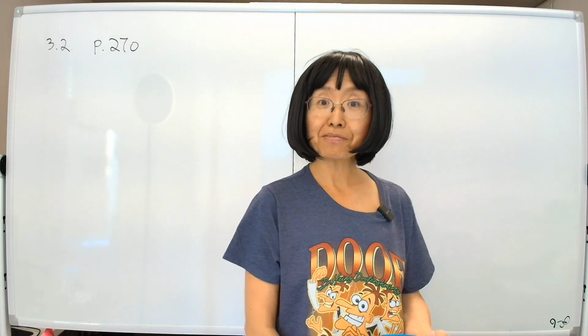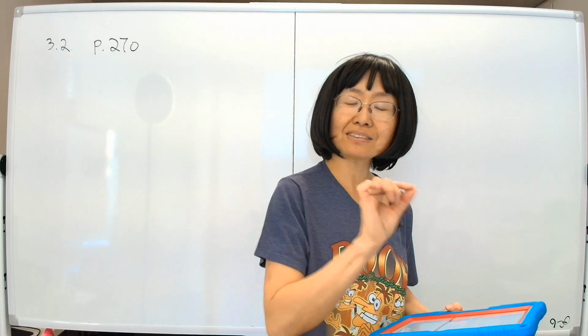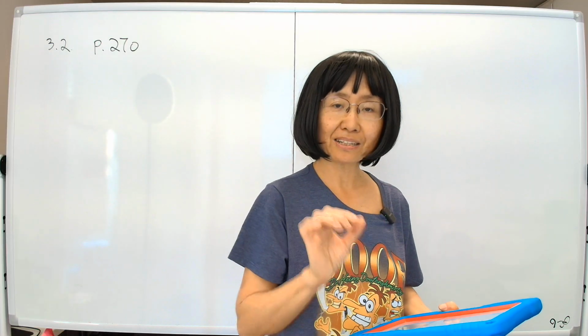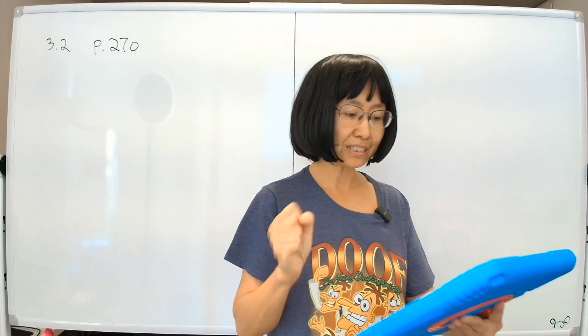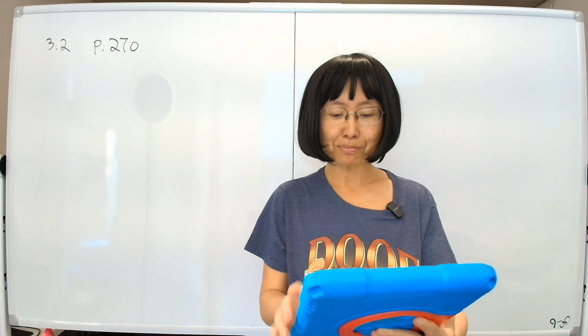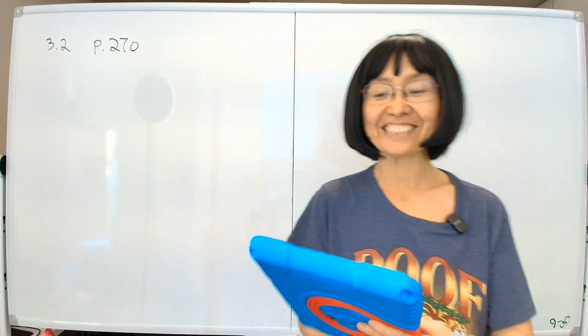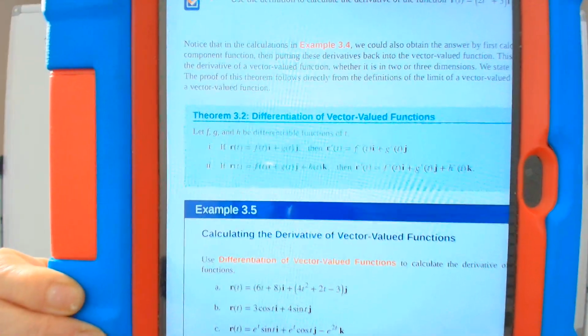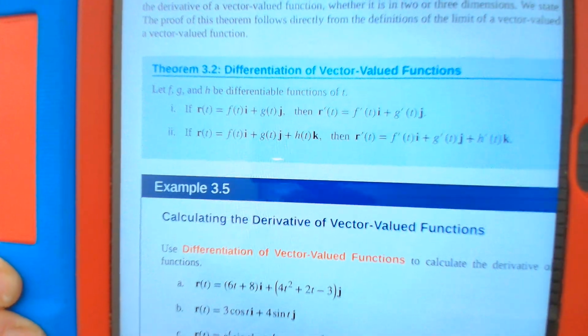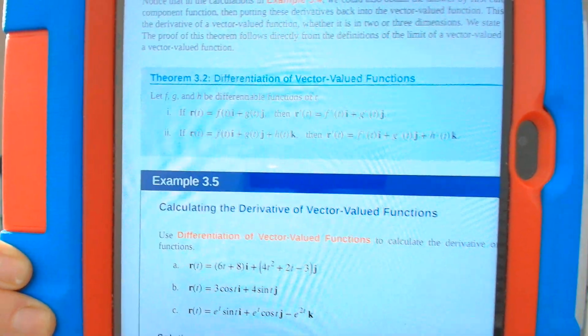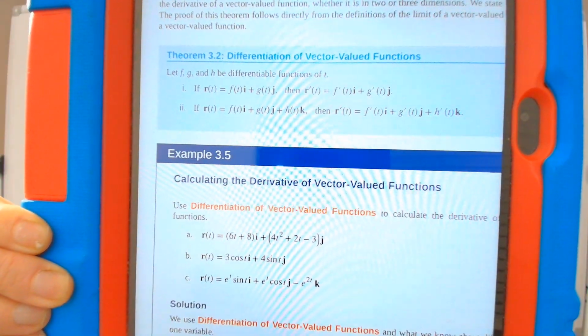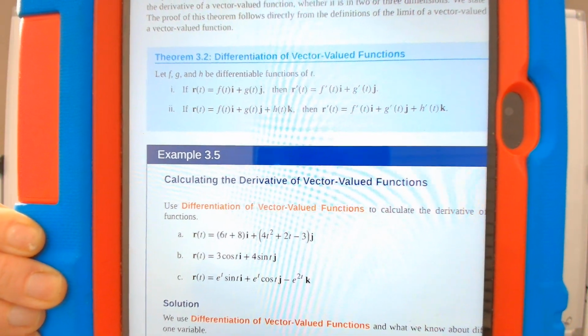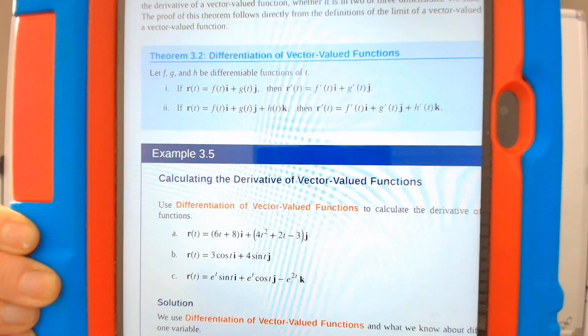And now that we went through that and realized that the limit calculation just means that you're going to take the derivative of each component, here's theorem 3.2, which makes life much easier. Instead of doing the limit, we're just going to take the derivative of each piece. Look at part 2. Say r(t) is some f(t) i, g(t) j, h(t) k.